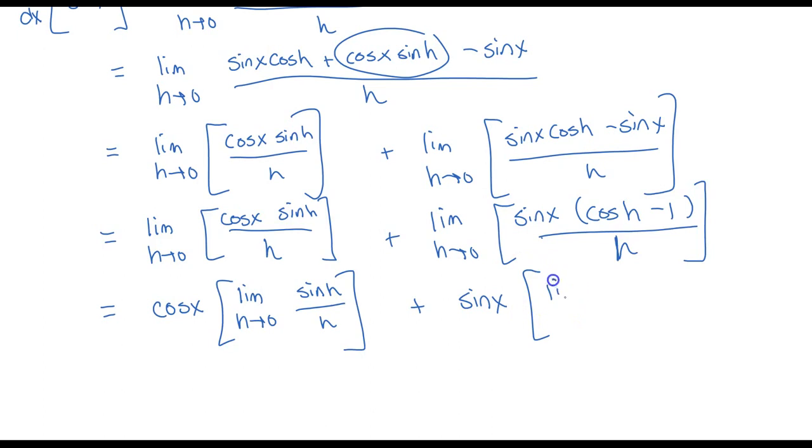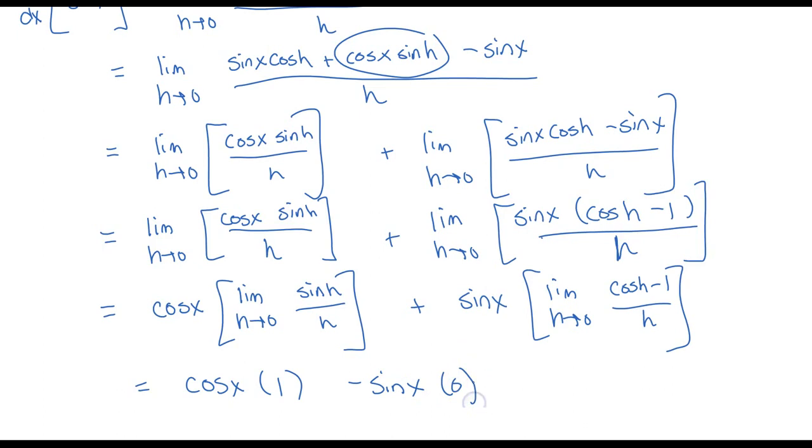That'll be the limit as h approaches 0 of cosine of h minus 1 over h. And hopefully these look familiar to you. These are the special trig limits from chapter 1. So this is cosine of x times 1 minus sine of x times 0, which is just cosine of x.